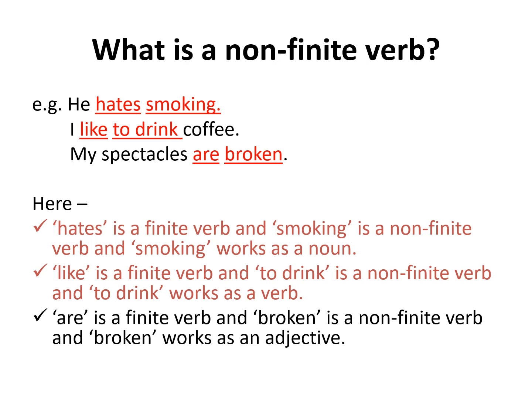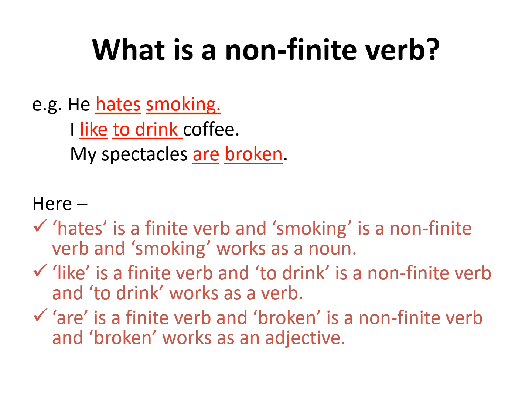In the third sentence, you can see that my spectacles are broken. So are is a finite verb and broken is a non-finite verb and broken is an adjective in the sentence. And spectacles mean glasses.